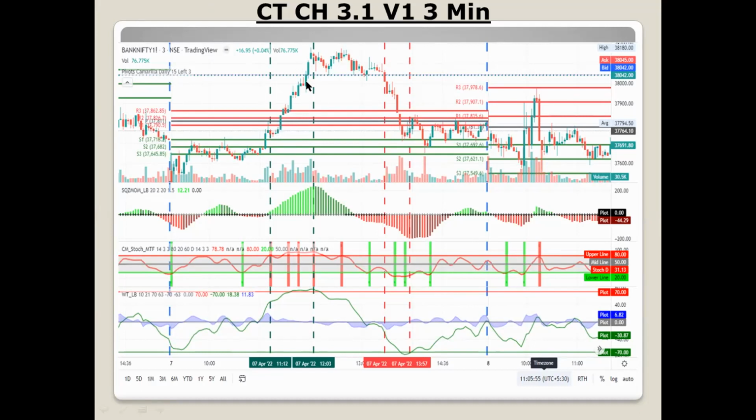In this area, you can see it was in uptrend, so we can see how our indicators behave in this particular uptrend. And around 1 o'clock, the market went into bearish mode. Here also you can see how our indicators behave. We will come into each indicator one by one in detail.